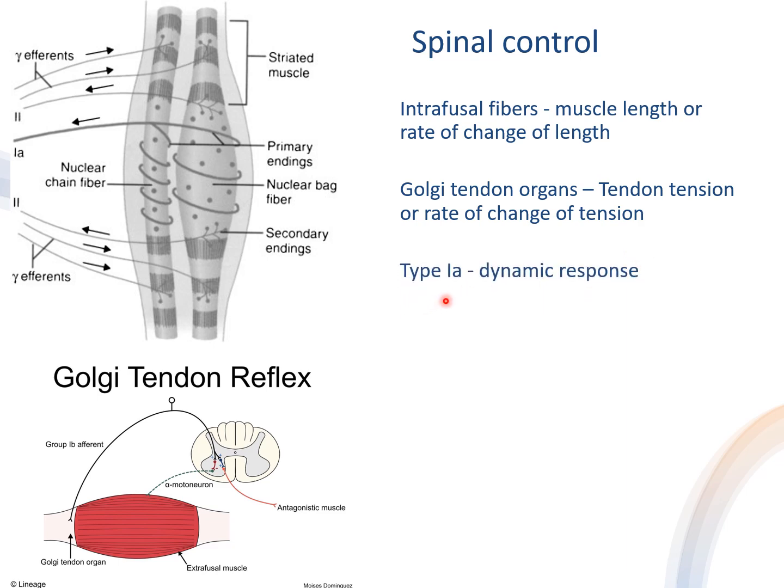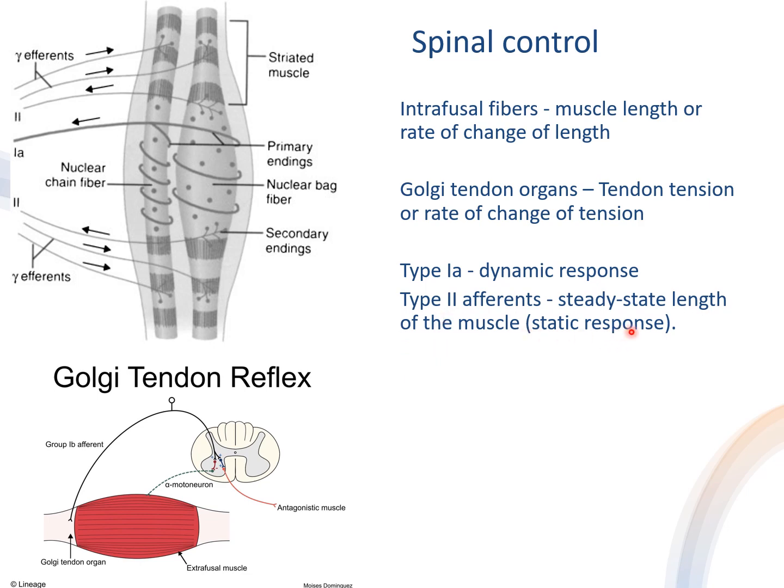The type 1A fibers help in detecting the rate of change of length of the muscle spindle, whereas type 2 fibers help in detecting the steady state length of the muscle. Similarly, type 1B afferents send the information from the Golgi tendon organs relating to the tension in the tendons.